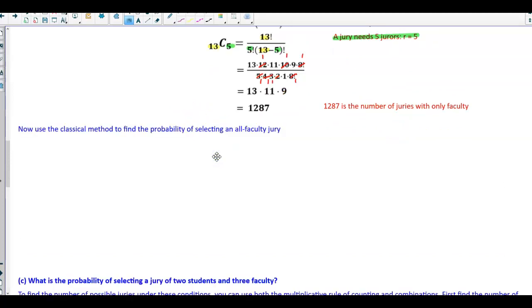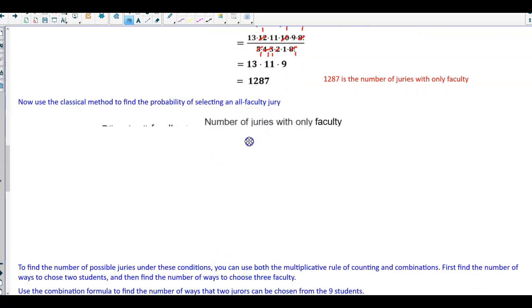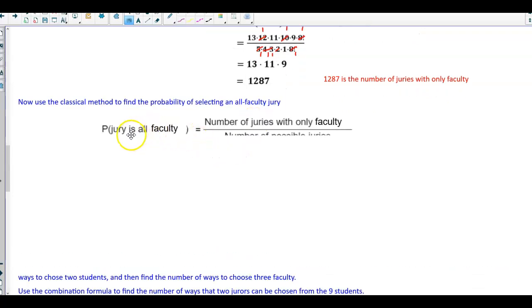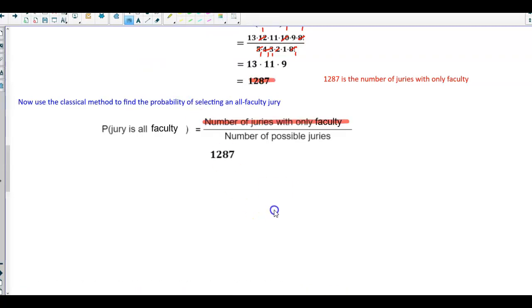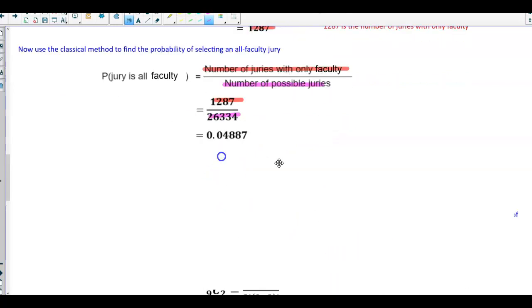So now we're going to use the classical method to find the probability of selecting an all-faculty jury. We want the number of juries with only faculty, which is what we just found, 1287, divided by the number of possible juries, which we found at the very beginning of this question, 26,334.